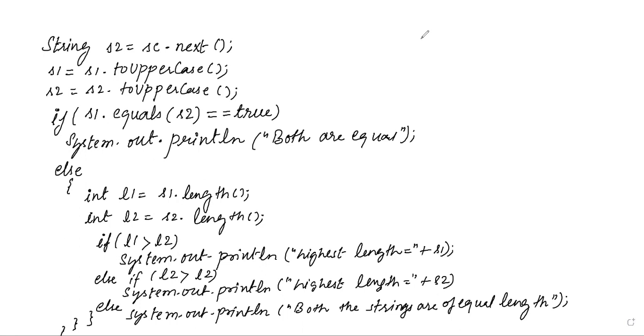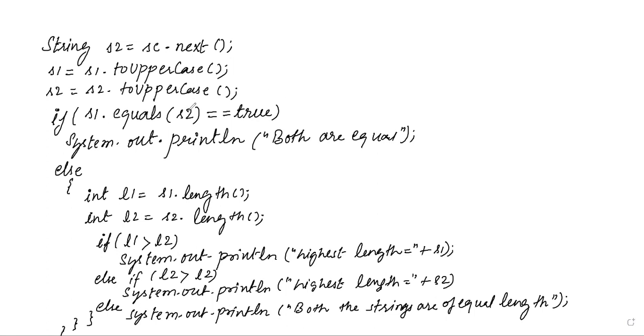Question number 5. So you had seen two programs of the specimen which has been sent by the council, question number 4 and question number 5. One question is based on arrays and the second one is based on strings. In strings, the program which we had done seems very easy, but the trick and the logic part is there.